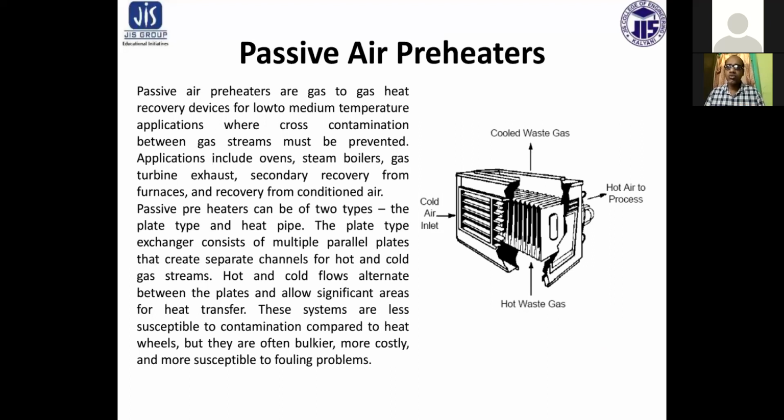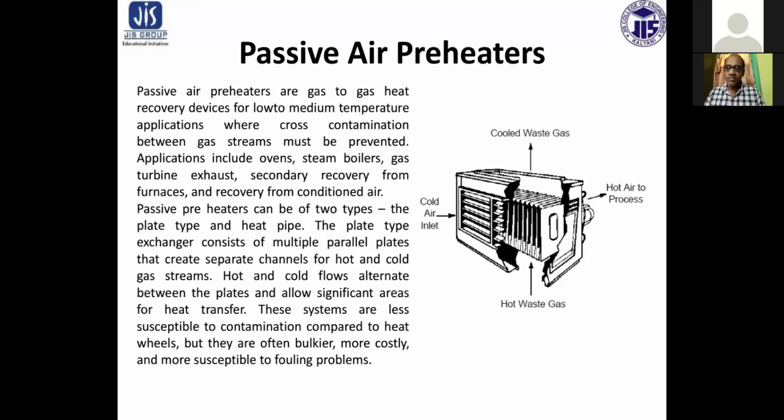Hot and cold flows alternate between the plates and allow significant areas for heat transfer. These systems are less susceptible to contaminants compared to heat wheels, though they are often bulkier, costlier, and more susceptible to fouling problems.